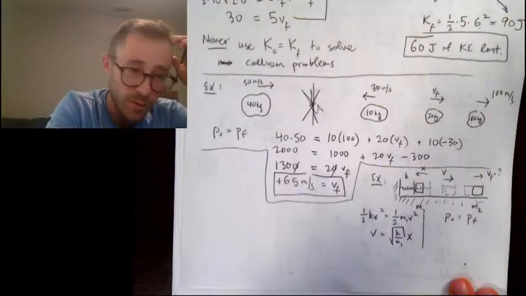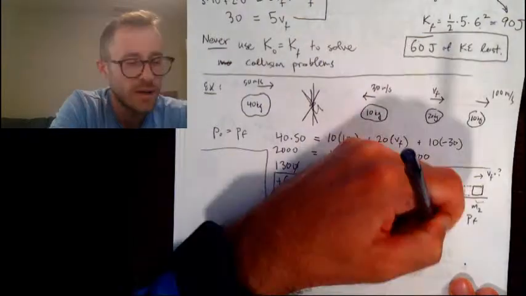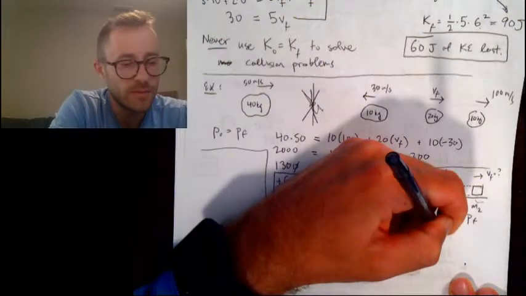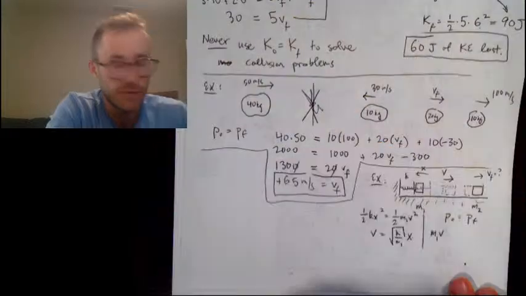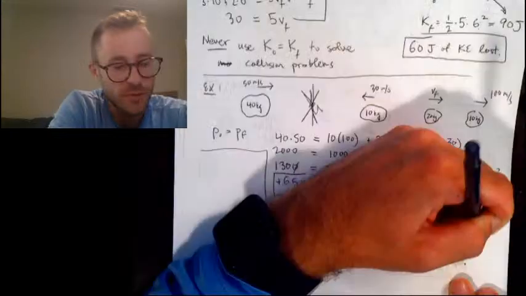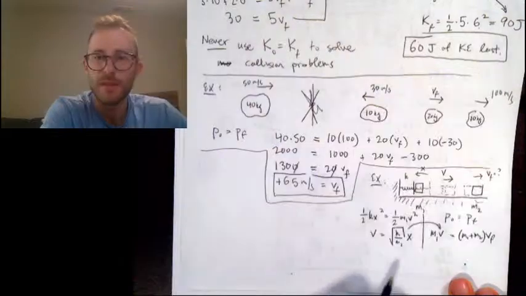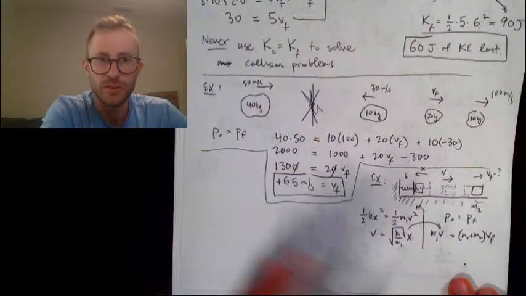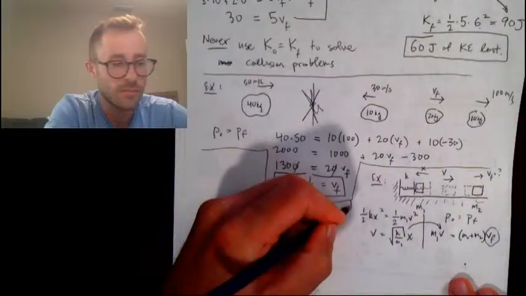So the initial momentum is all carried by this block. So we have m1v, where v is this number right here. And that becomes m1 plus m2 v final. Okay, so you see how we could use this to solve for v final. I'm not going to carry out all the steps.